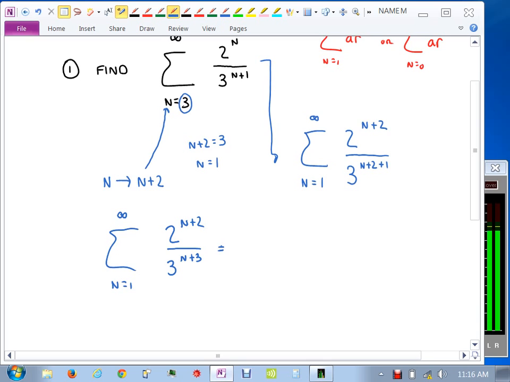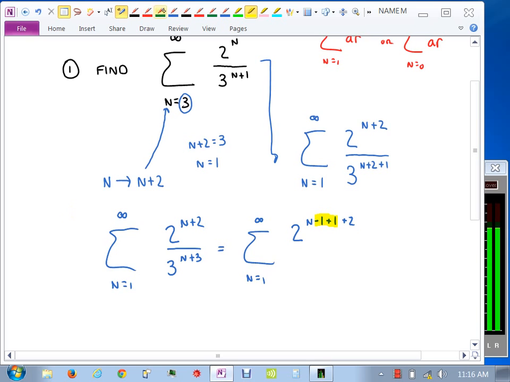Now those powers can't be n plus 2s, they have to be n minus 1s. So to make them n minus 1s, I go 2 to the n minus 1 plus 1, but I already had plus 2. So I introduced a hidden 0 there, right, minus 1 plus 1.